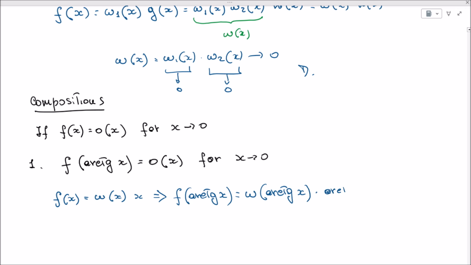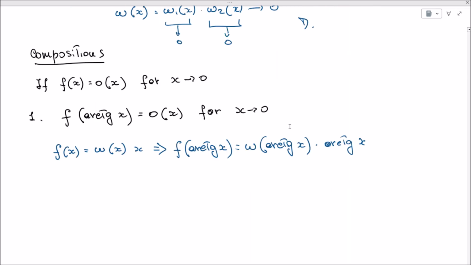So far we have just replaced x with arc tangent of x. But now we can rewrite this as omega of arc tangent of x times arc tangent of x divided by x times x. This is exactly the same thing, right?